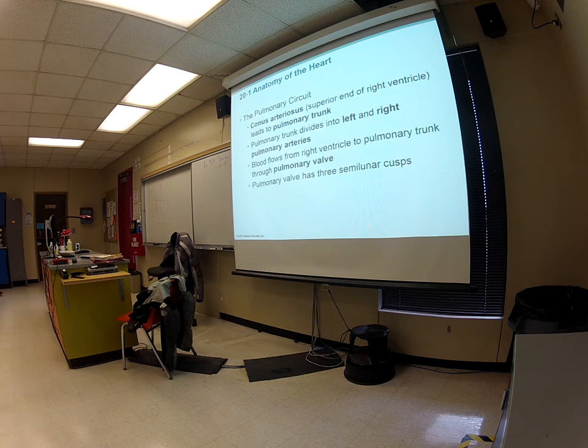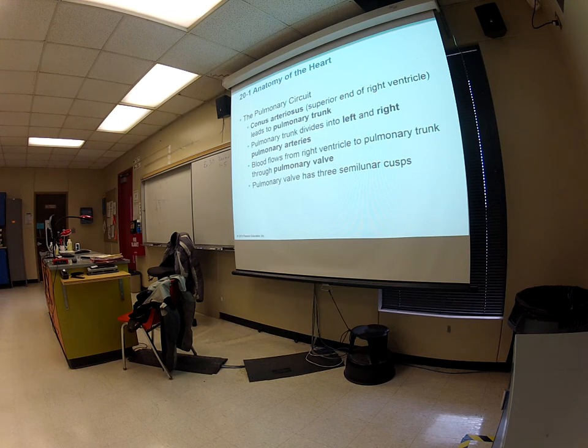Okay? Well, let me back up here. Let me see. Okay, so it says blood flows from the right ventricle to the pulmonary trunk through the pulmonary valve. Here we go, and let's do it in blue. Pulmonary valve right here. And that pulmonary valve actually has another name. It's called the pulmonary semilunar valve.